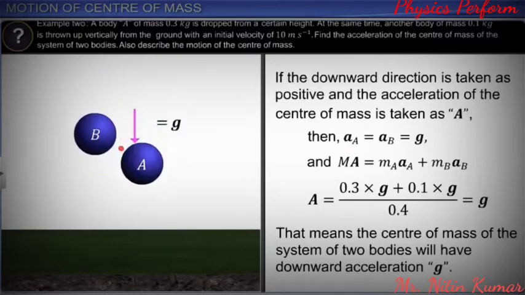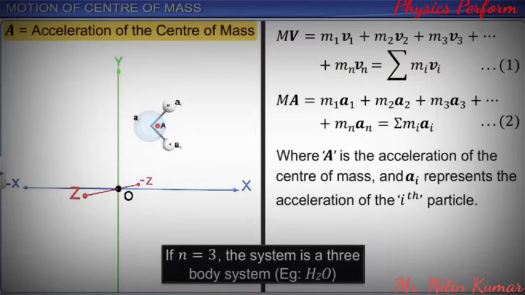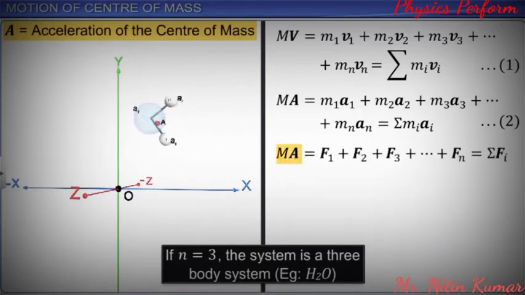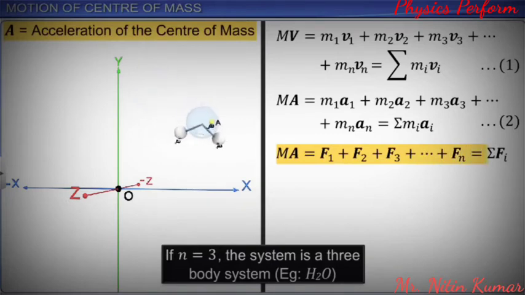But mi ai is equal to Fi, the net force acting on the ith particle. So ma is equal to F1 plus F2 plus F3, and so on, plus Fn, which is equal to sigma Fi. The net force on a particle may be an external force or an internal force.